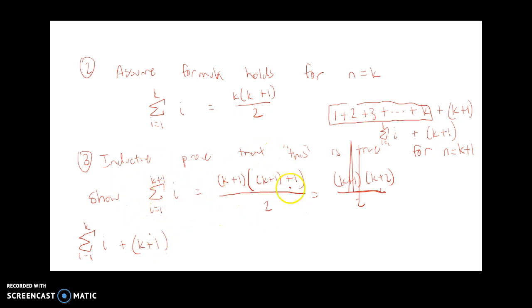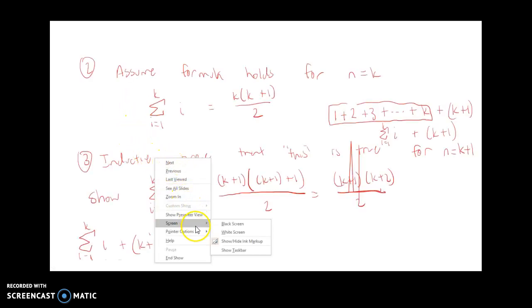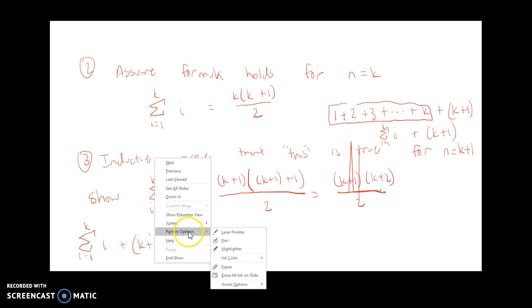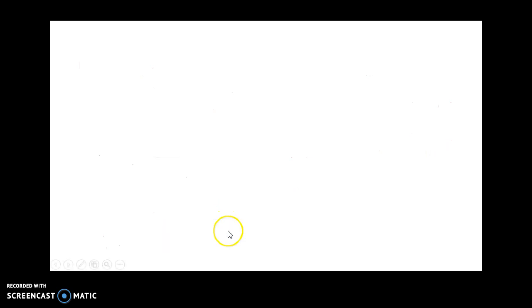I'm not doing anything with the right-hand side yet, because what I'm going to do next is insert a new slide here. Okay, so basically I now know that I have the sum from i equals 1 to k of i plus the k plus 1 term.